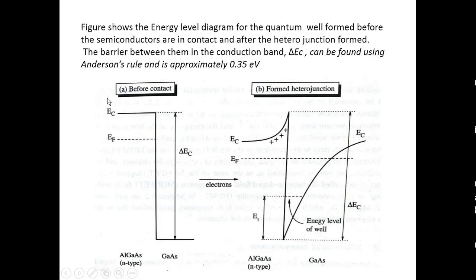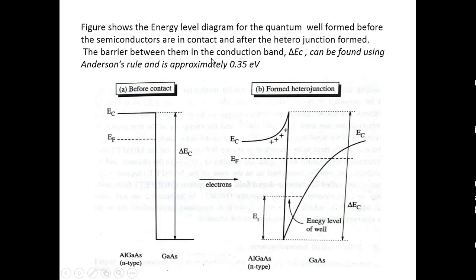Before contact, this is the band gap of energy of the conduction band for the gallium arsenide and aluminum gallium arsenide. When these two materials are joined together at the interface, this is the shape of the band diagram, and a heterojunction is formed.